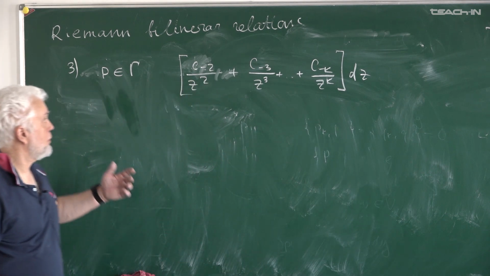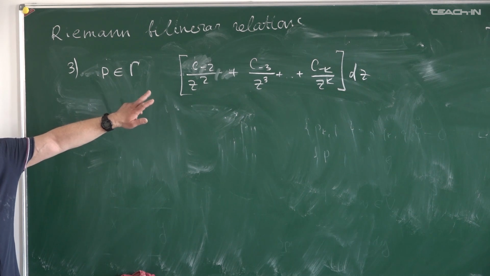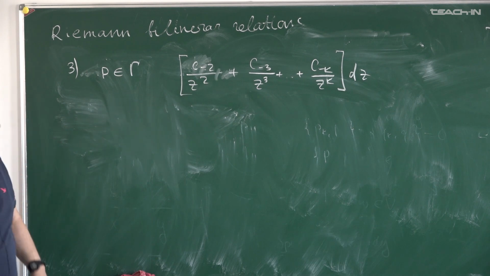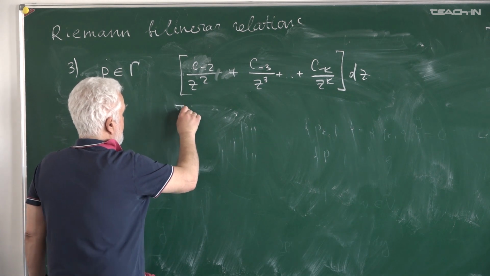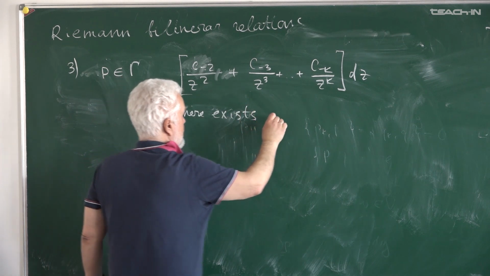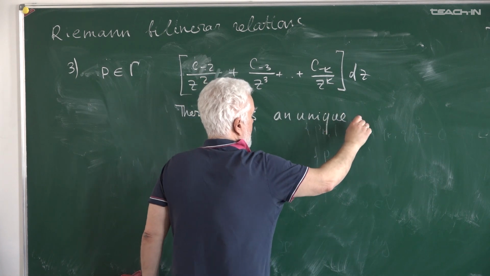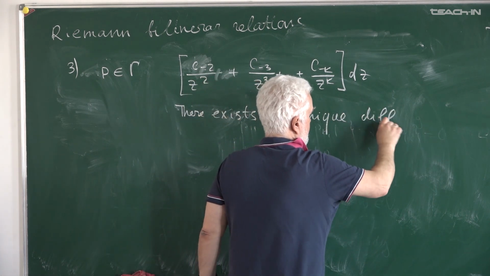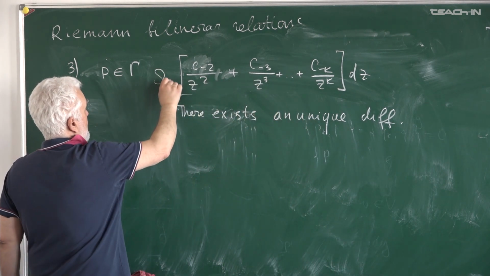We fix a point and define an arbitrary singularity, but with zero residue. You don't have the C minus 1 term, you see. Then there exists a unique differential, let's note it omega 0.